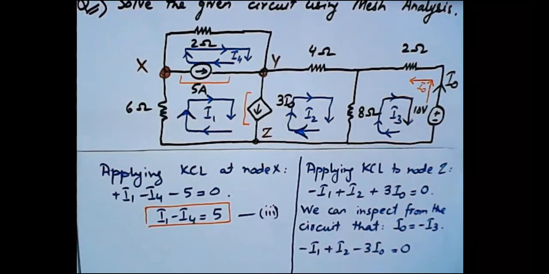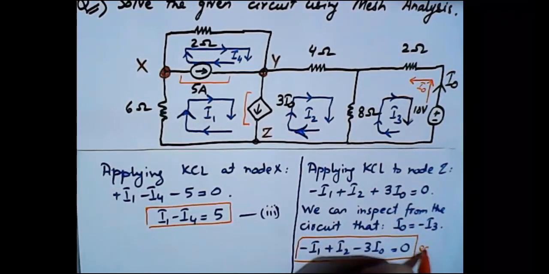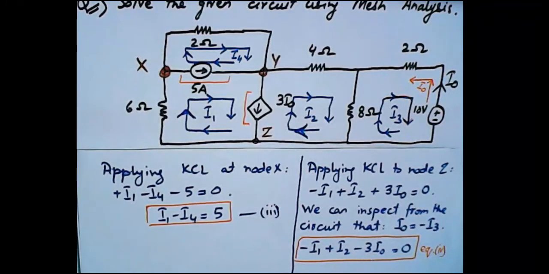This is our equation number 4. And now how many equations do we have? 4 equations with 4 unknowns, so we can easily solve these 4 equations in order to find the mesh currents.